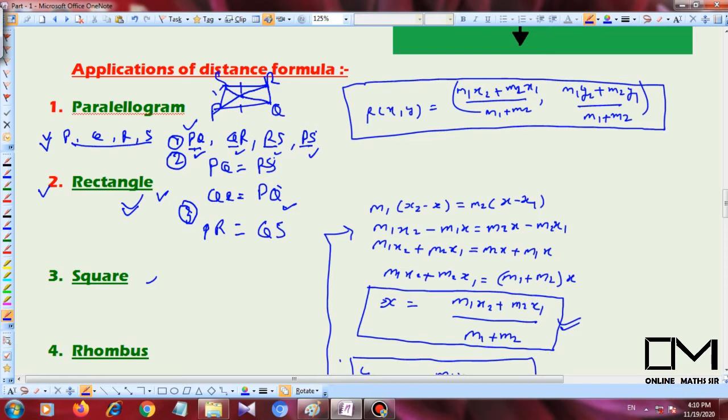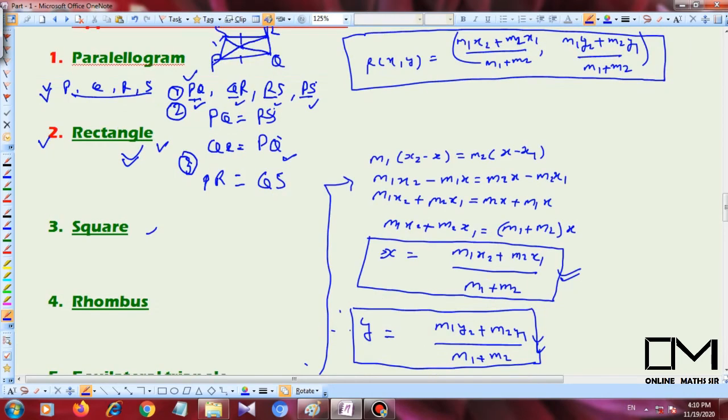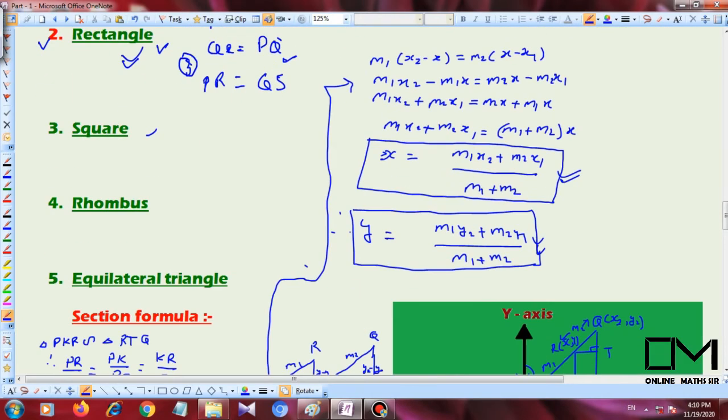Now, how to prove a square? For a square, you find all four sides PQ, QR, RS and PS.